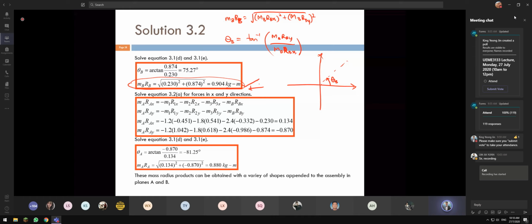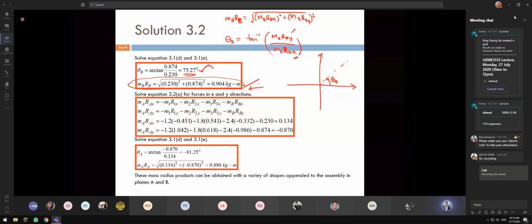Once you press the calculator, you will get this value, and this is the correct value. Then you don't have to do any correction. You can always check where your MBRBY and MBRBX are. If it's the first sector, then the value you calculated is correct.